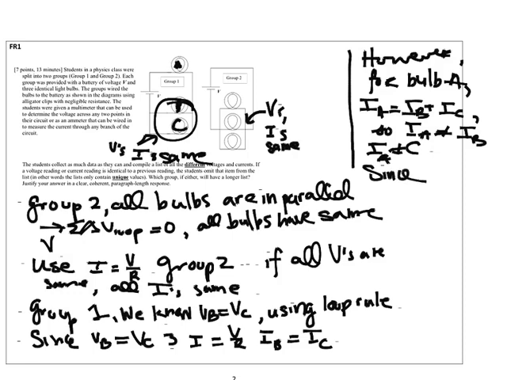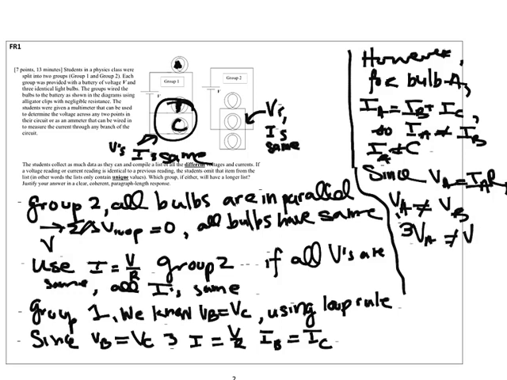Since VA equals IA times R, and all the R's are the same, that means that VA is not equal to VB. Okay, and VA is not equal to VC. So A in this case has a different V and a different I.